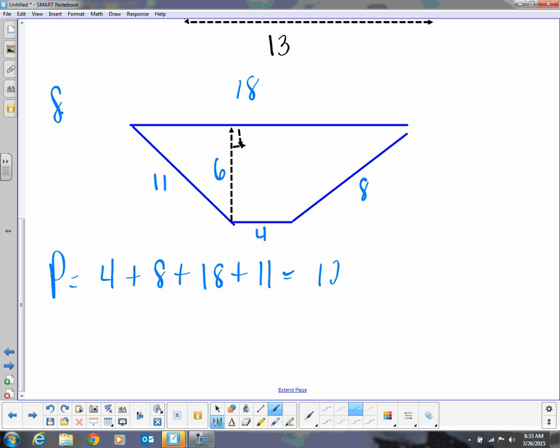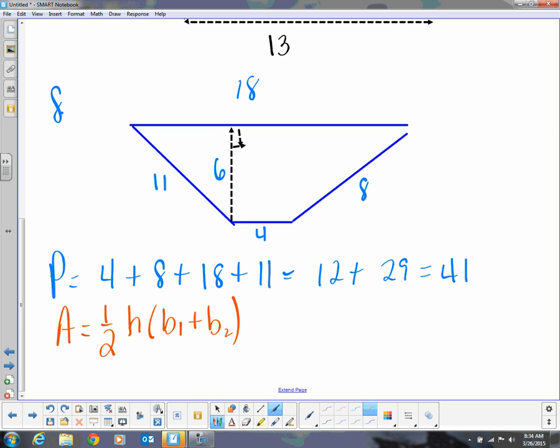So that's going to be 12 plus 29, which is 41. Did I do that right or wrong? No, you're right. All right, how do we do area of a parallelogram? Base times height. Sorry I asked a poor question.